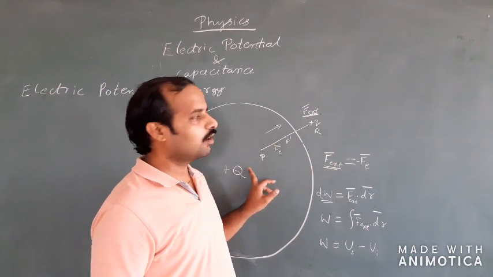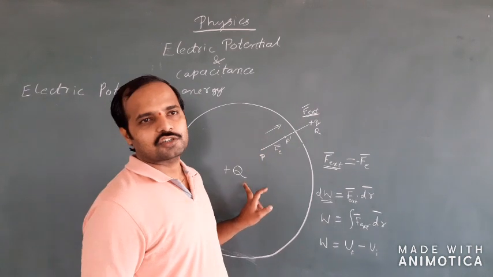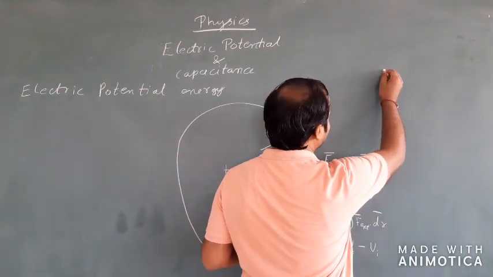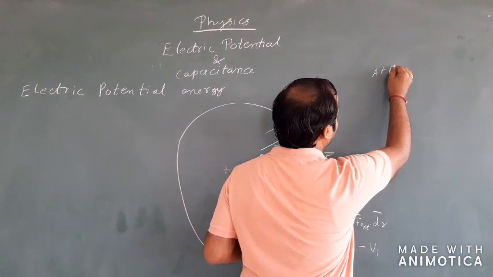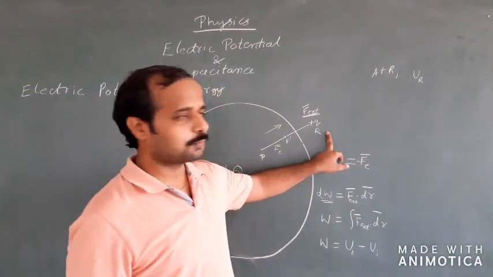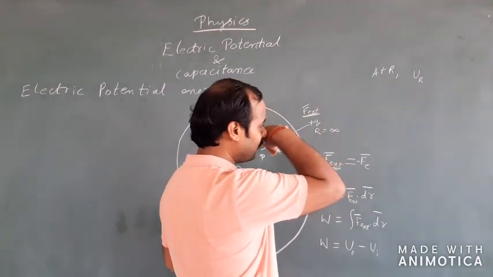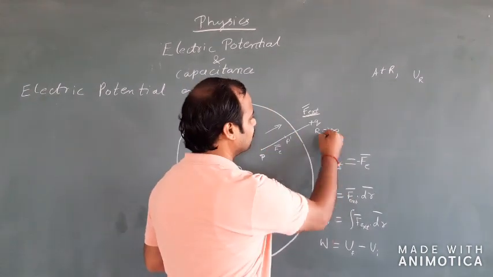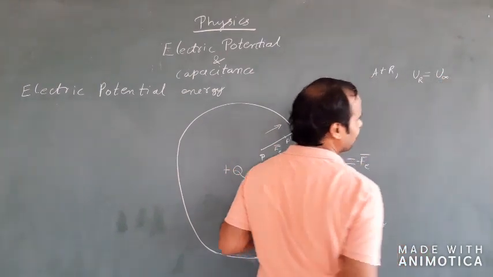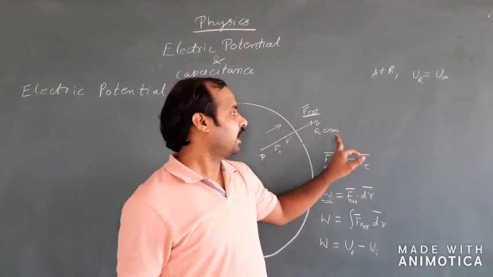Here we are not going to talk about just the mechanical potential energy, we are going to talk about the electric potential energy. At point R, let's say the electric potential energy is U_R. Since this point R is outside the electric field, we may as well take R to be at infinity. So this U_R, I can take as U_infinity, that is, the potential energy of this test charge at infinity.